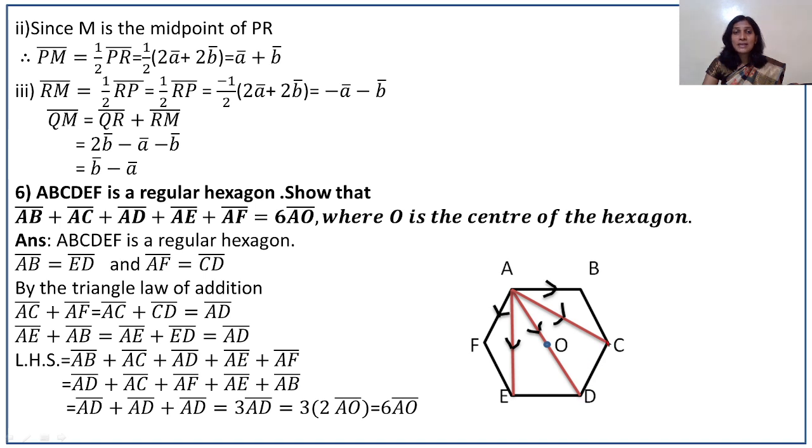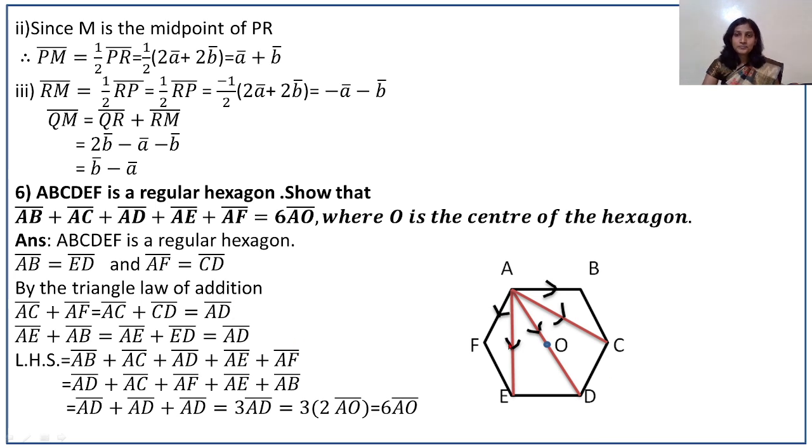In triangle ACD, AC bar plus CD bar is equal to AD bar. But CD bar is equal to AF bar, so we write AF bar in place of CD bar. So AC bar plus AF bar is equal to AC bar plus CD bar, which is equal to AD bar.